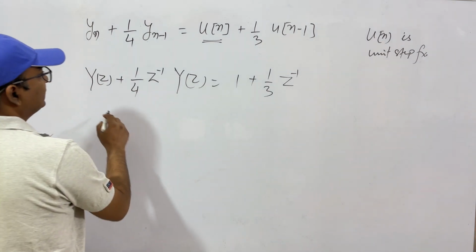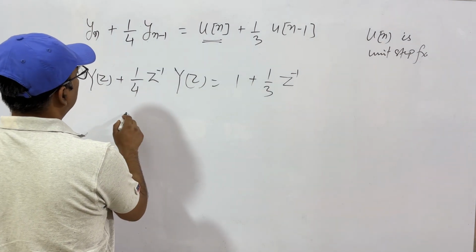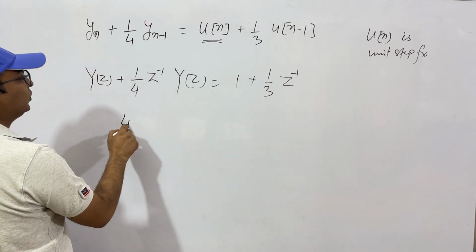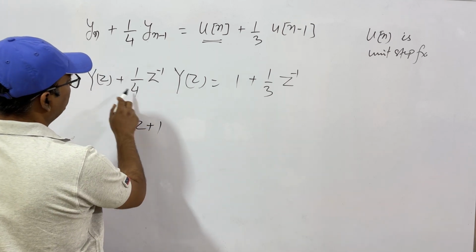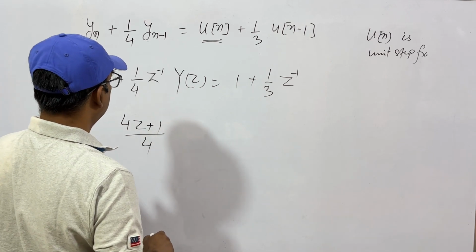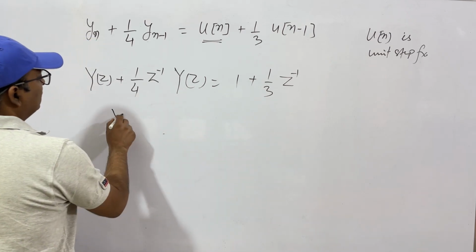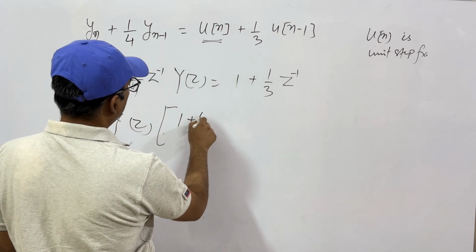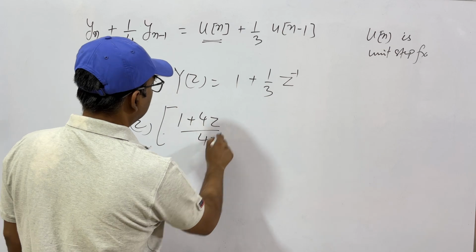So what we get is Y(z) is 1 by 4z, so it is 4z plus 1, 4z plus 1 by 4. Y(z), 1 plus 4z by 4.